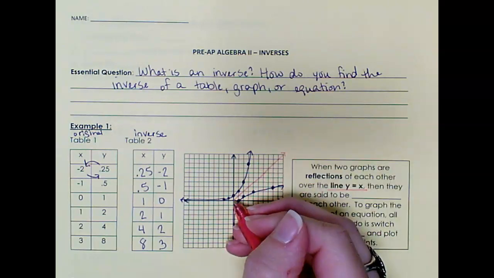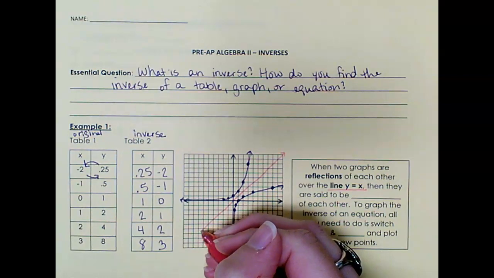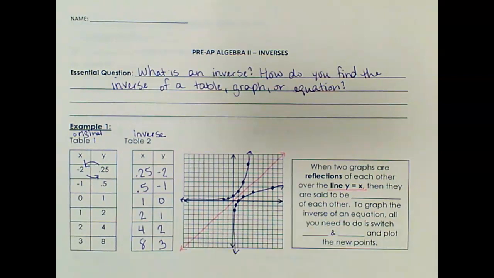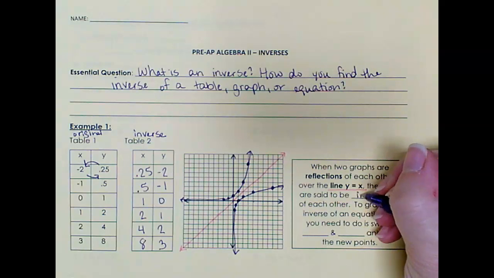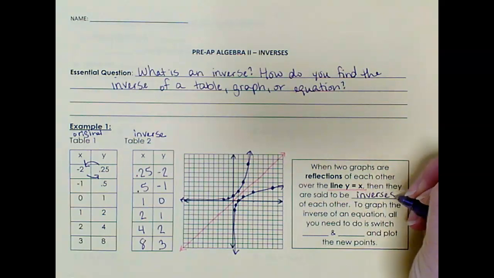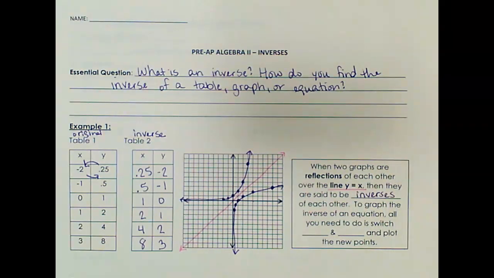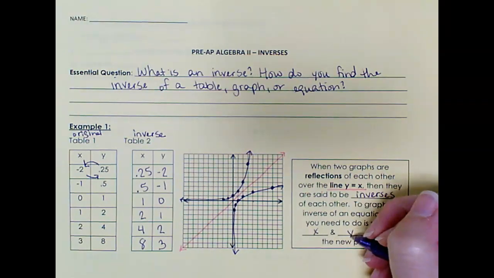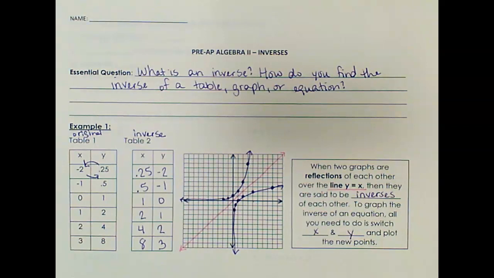It goes through the origin. It has a slope of 1. And when two graphs are reflections of each other over the line y equals x, then they are said to be inverses of each other. To graph the inverse of an equation, all you need to do is switch x and y values and plot the new points.